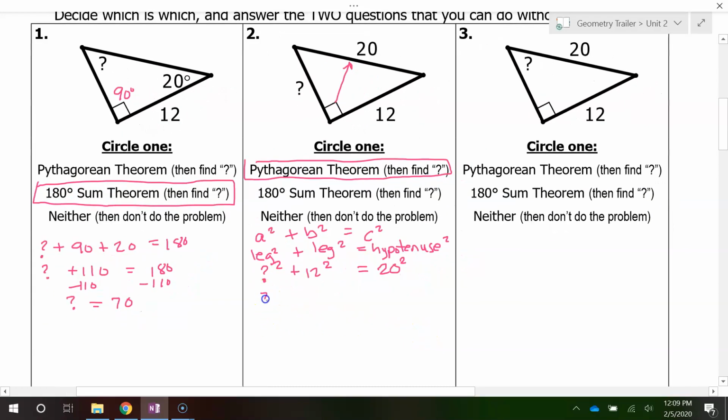So that's going to give me question mark squared plus 144 is equal to 400. You have to subtract 144 from both sides in order to get the question mark squared.